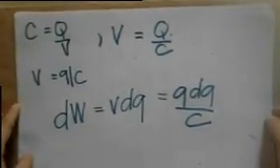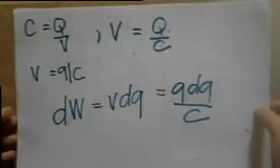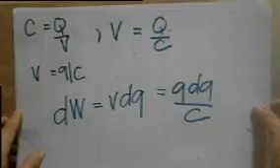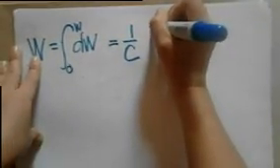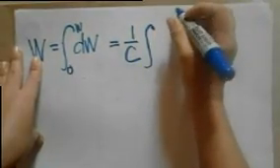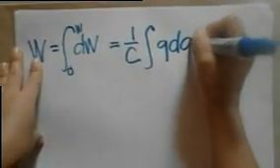So the total work needed to increase the capacitor charge q from 0 to the final value Q is W equals the integral of dW, which is equal to the integral of q dq over C, from 0 to Q. We can write 1 over C outside of the integral, since it is constant with respect to q.